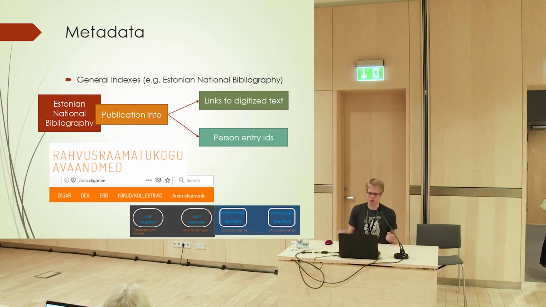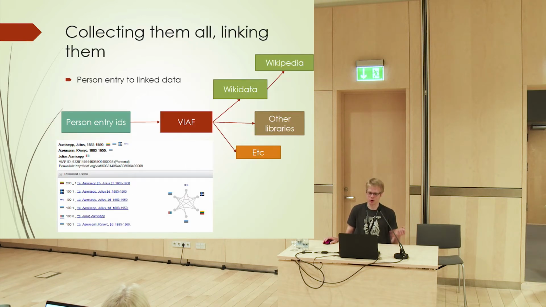So in fact, one way is to collect all this information yourself, but by now there are these international databases that try to collect this kind of information. One of the big ones is VIAF, the Virtual International Authority File, which connects information about people and organizations across many libraries and other sources also, I think.